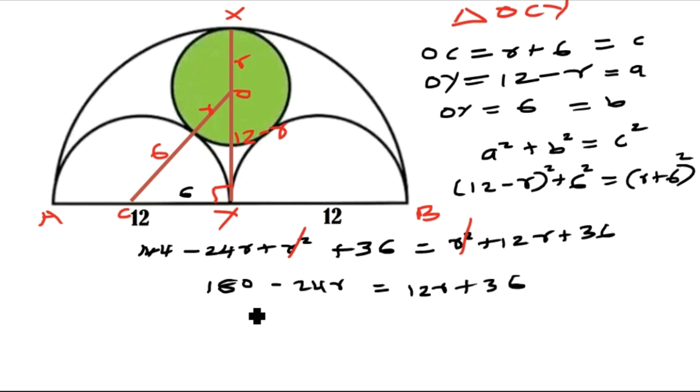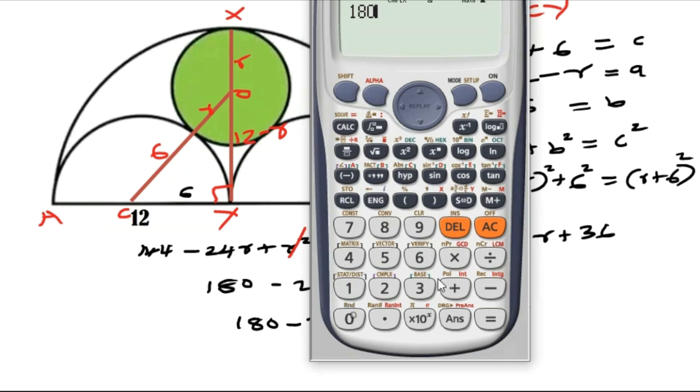Positive 36 coming to the left hand side of the equation, we will have 180 minus 36 equal to 12R, and negative 24R going to the other side is plus 24R. So 180 minus 36 gives us 144.